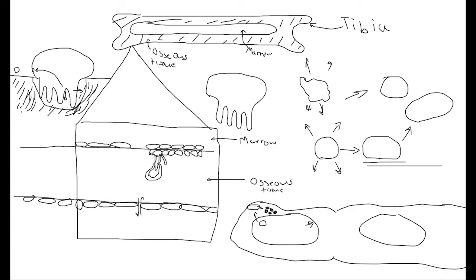Another thing I want to clarify is that these cells can differentiate into cells over here, the ones that respond to mechanical stress, cells over here, or they can also undergo apoptosis, or they can differentiate into just inactive cells.